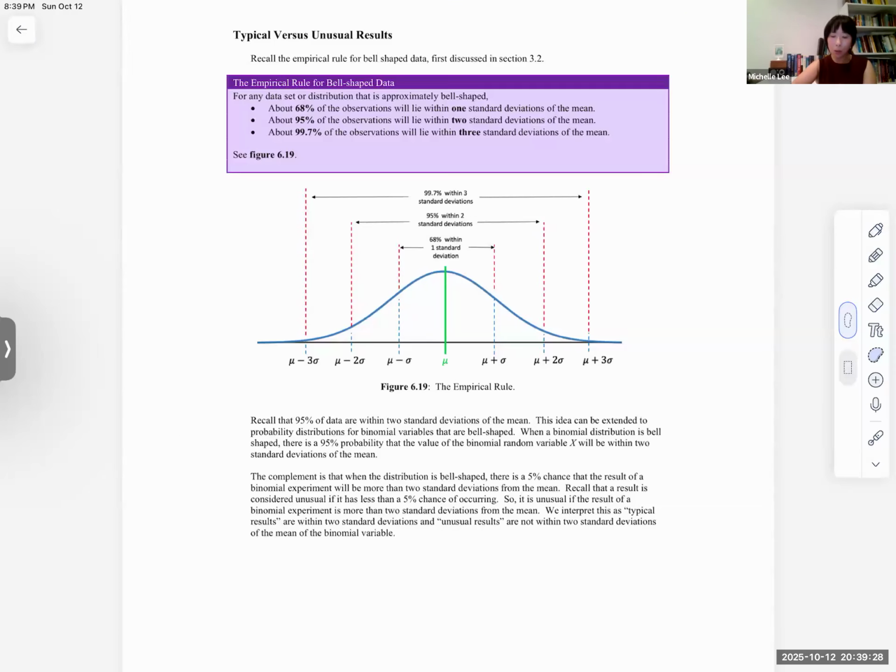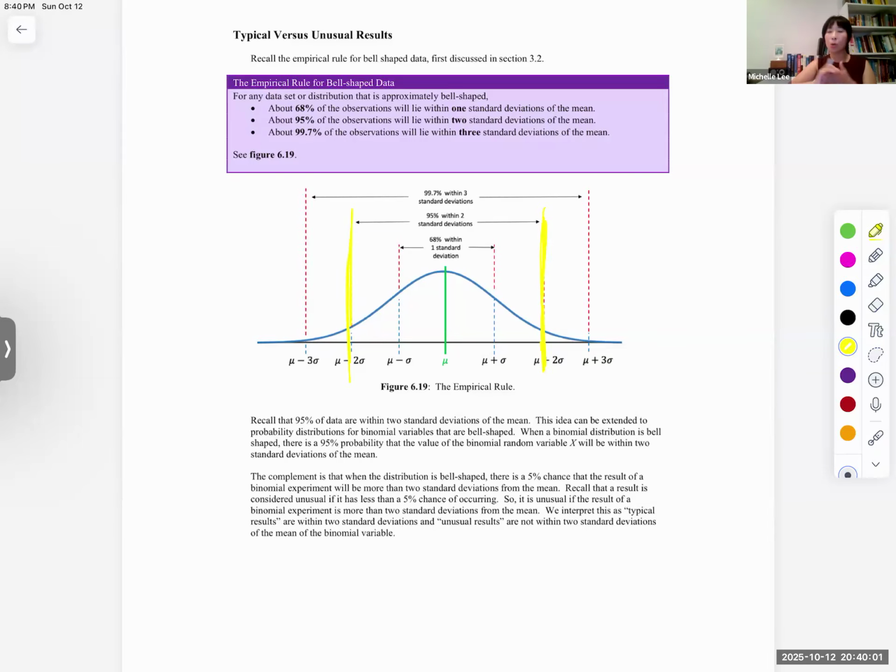Okay, so let's talk about the unusual result. This comes from the empirical rule, right? We have that in chapter 3. We have 95% within 2 standard deviations here. The z-score is distance in terms of standard deviation, right?